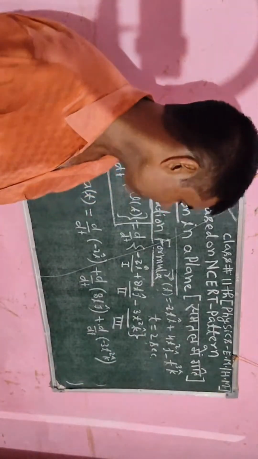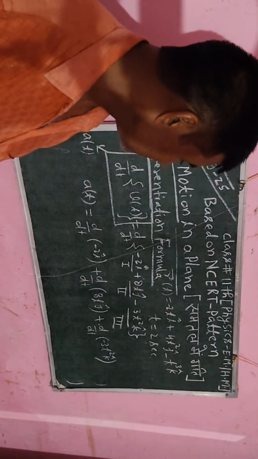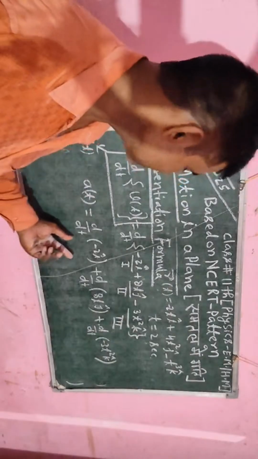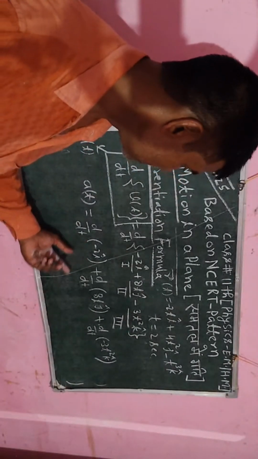Already I have explained the concept of differentiation. If a constant term is available, the differentiation of the constant term will be 0.